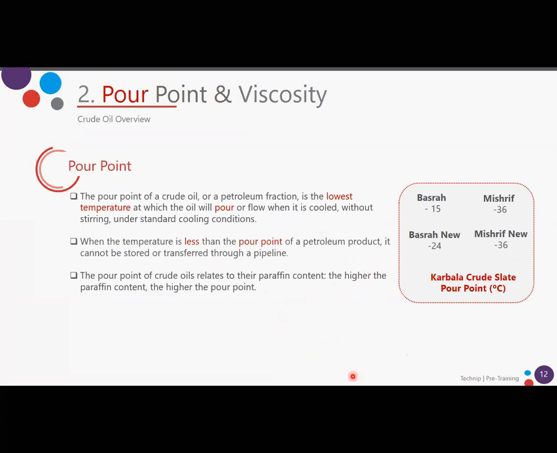To refresh, the pour point represents the lowest temperature at which oil is capable of flowing under gravity. So it is one of the important low temperature characteristics of the high boiling fractions in the crude oil.